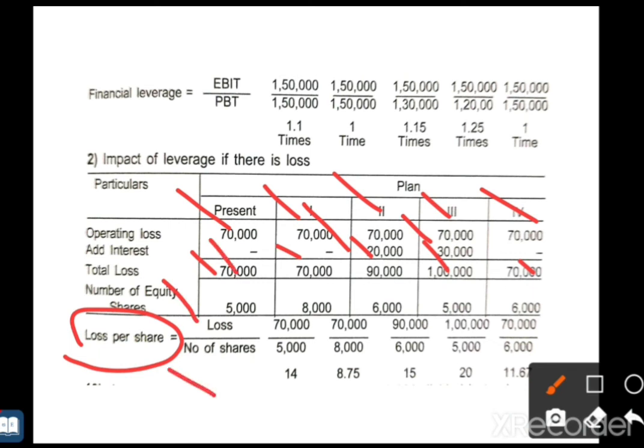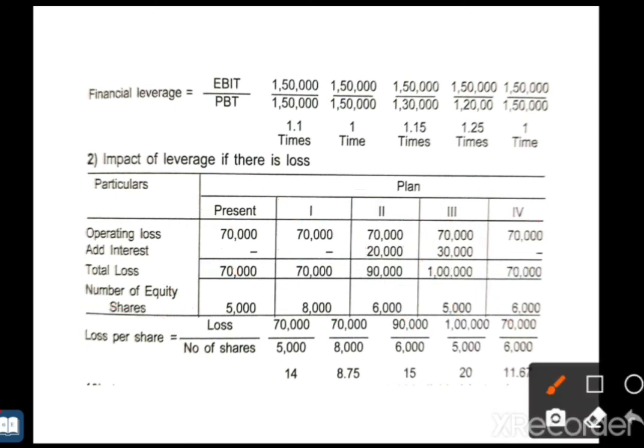So divided by the number of shares, we will get loss per share, if the loss is going to impact on leverages. So this is the method of calculation for this type of problem.